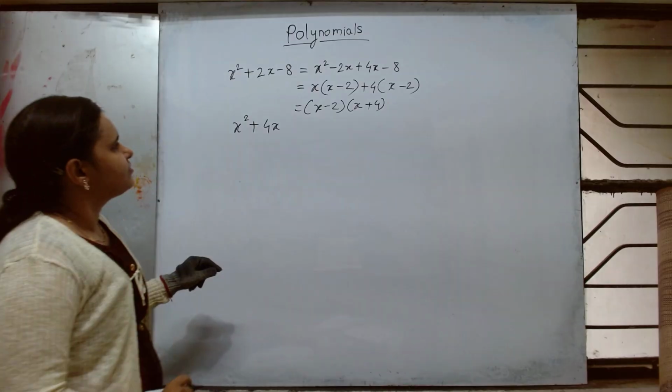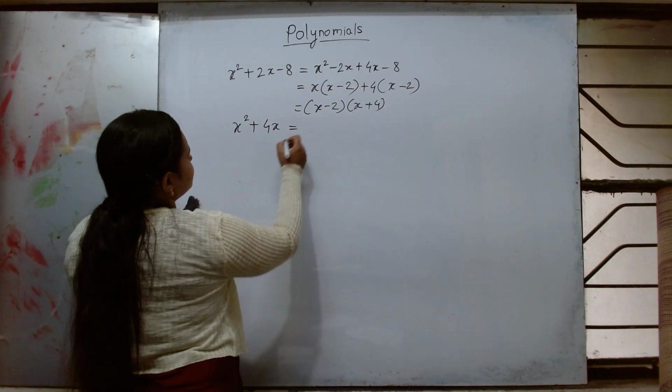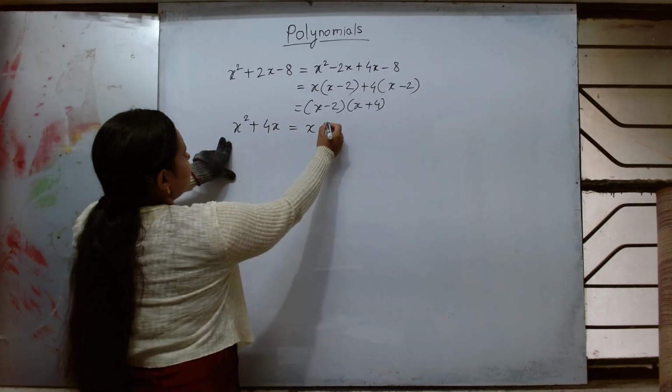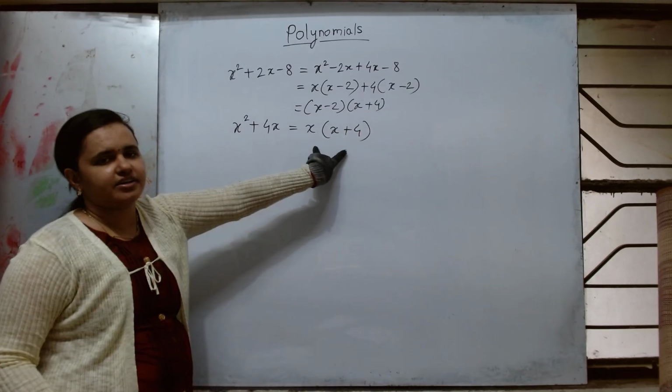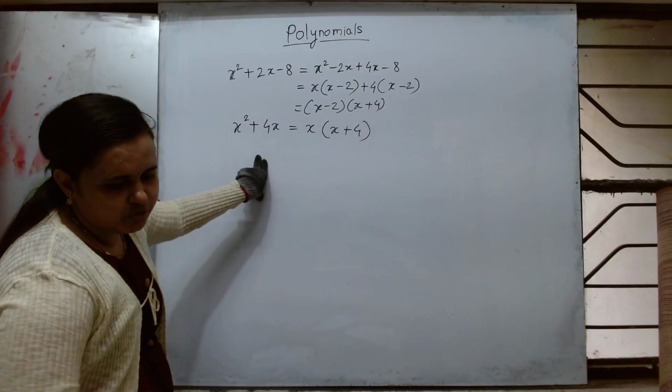Okay. Now for x square plus 4x, if we take common from this, x will be taken common. Now in the bracket it will be x plus 4. So these are the factors of the second polynomial. Now we have to calculate LCM.